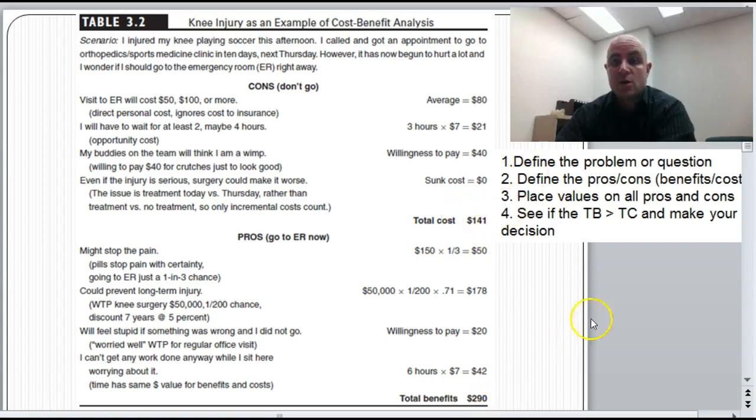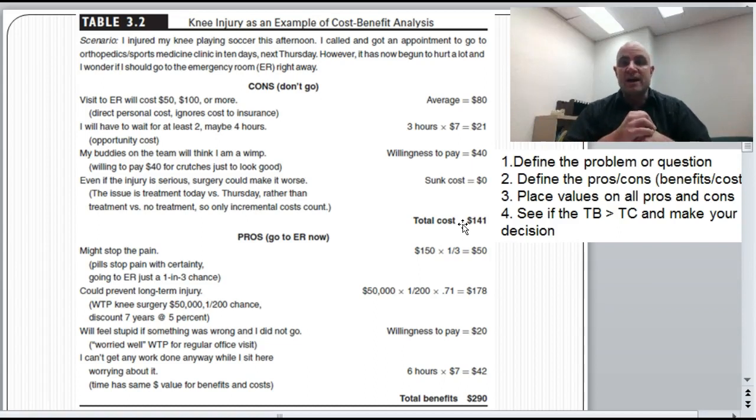The benefits are greater than the cost, and so it's clear that this person would decide to go to the ER by going through these steps. So the cost-benefit analysis really extends on the cost effectiveness, and we're showing step by step what people may do a little more intuitively.